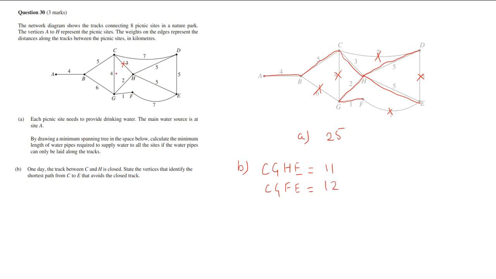And what's the next path? C, D, H, and E. So that would be 7 plus 5, 12 plus 5, 17. Next one is C, D, and E.